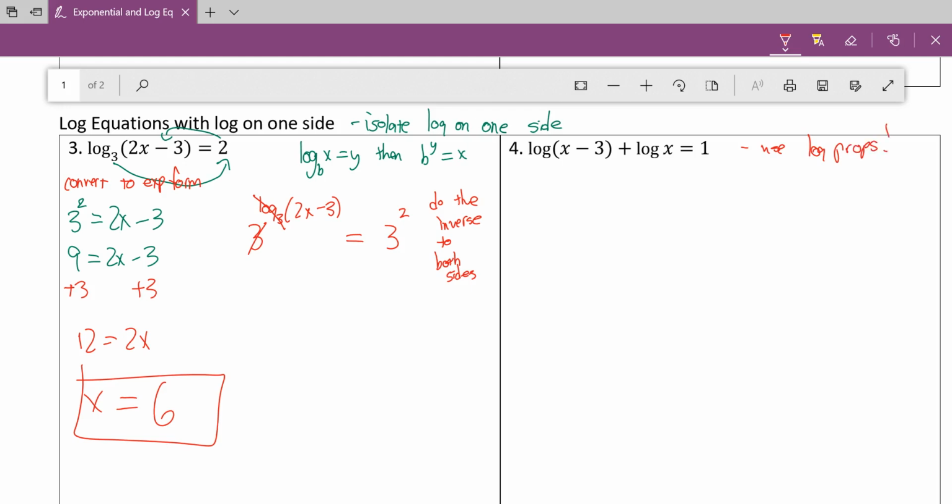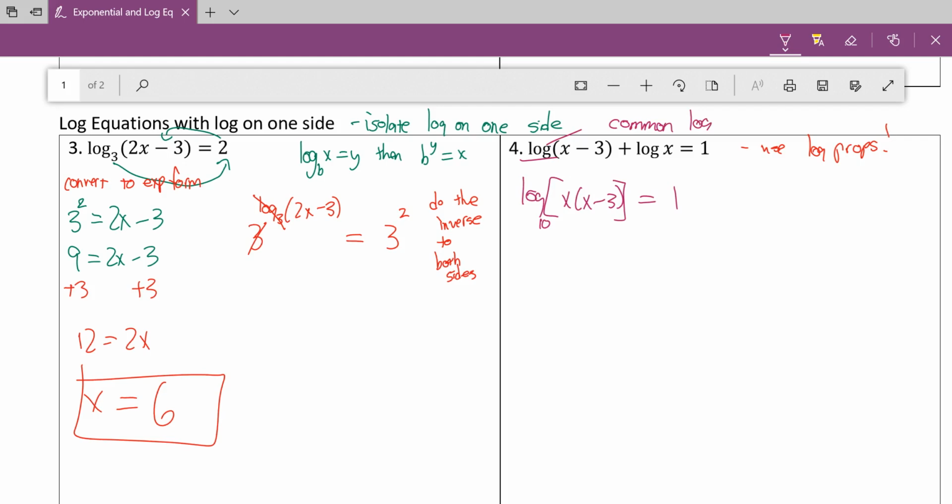So if I'm adding 2 logs together, I am allowed to multiply their inputs and combine them into 1 log. So this is the same as log of x times x minus 3 equals 1. Now remember, this is log base 10 because it's not written, so this is a common log.